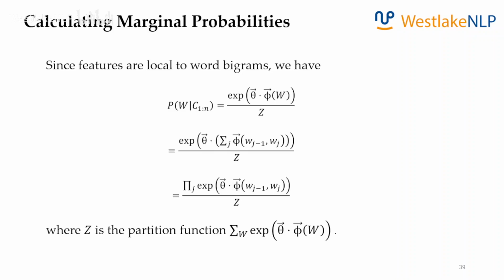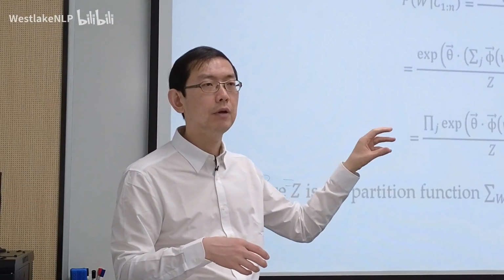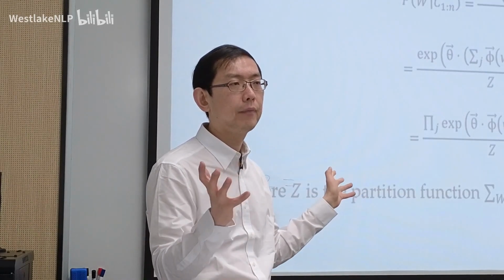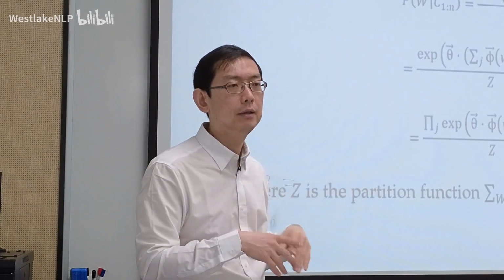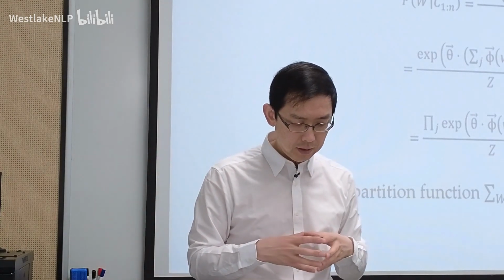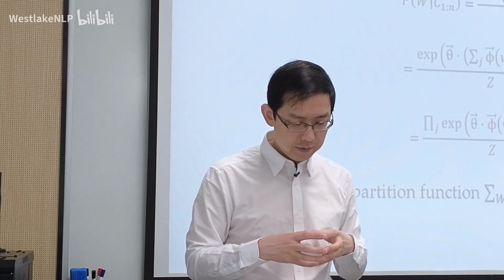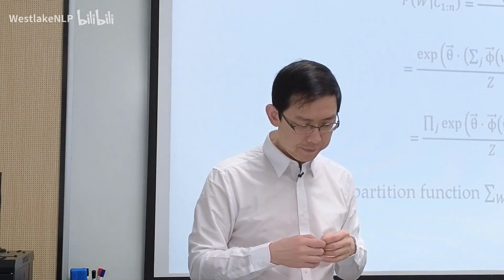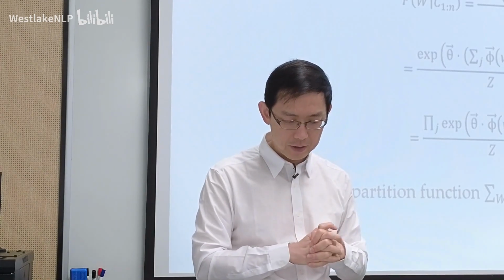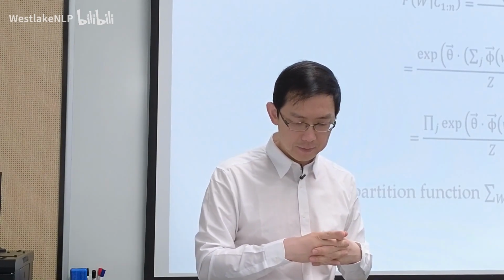And then you further take down the summation from the exponential term as the product, out of the exponential term. Now, this is the probability you try to sum up.